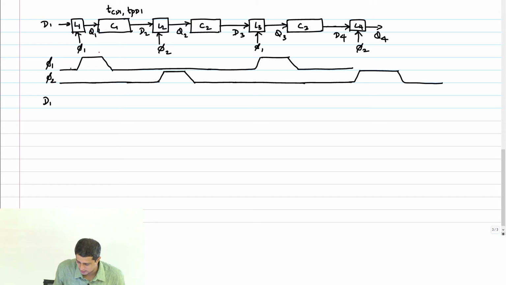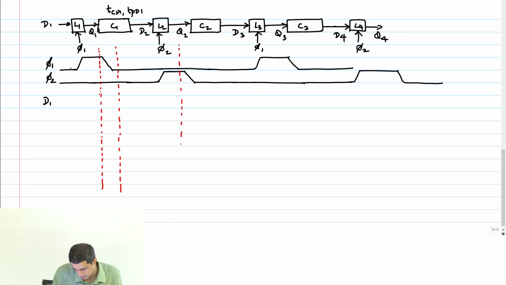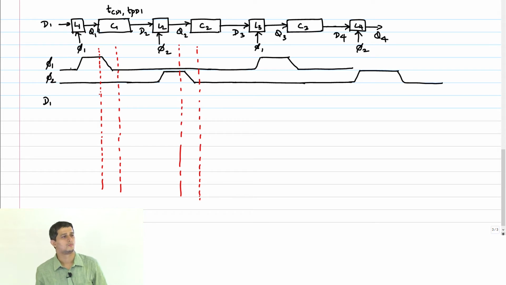So let's also, before that, draw our violation window. This is my violation window for phi 1, right? For L2 again, this is my violation window. Okay. So what happens is D1 is now changing somewhere inside here.